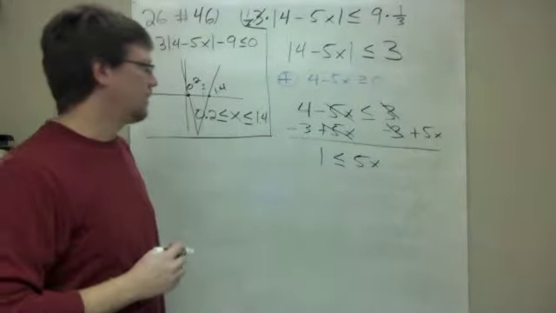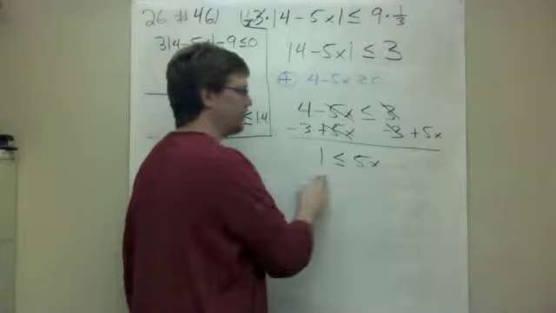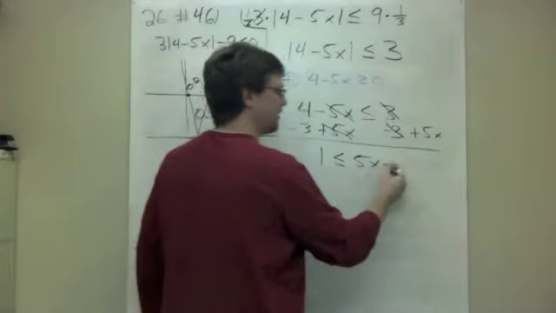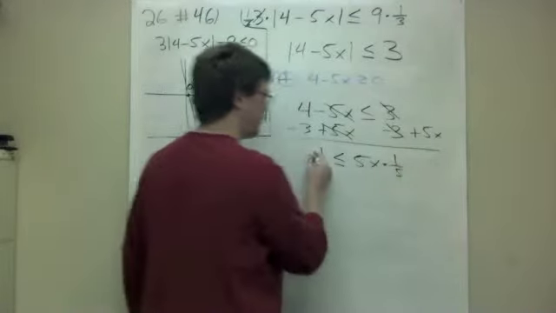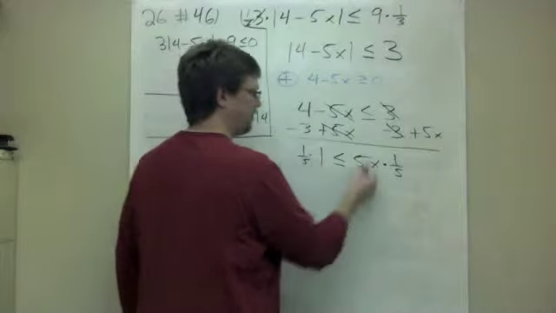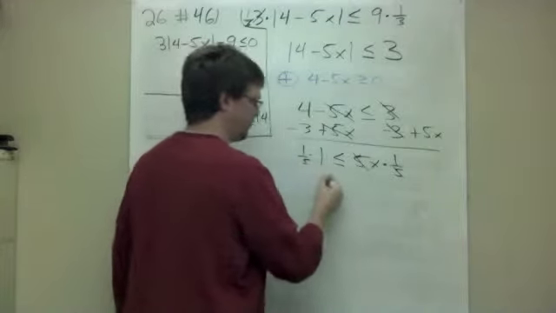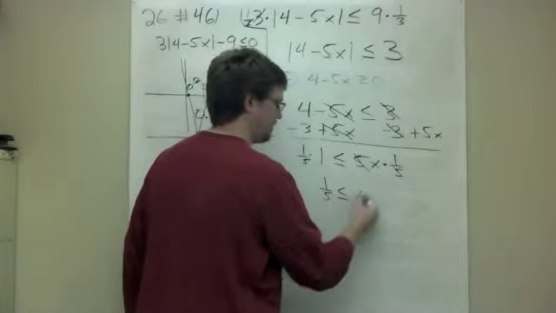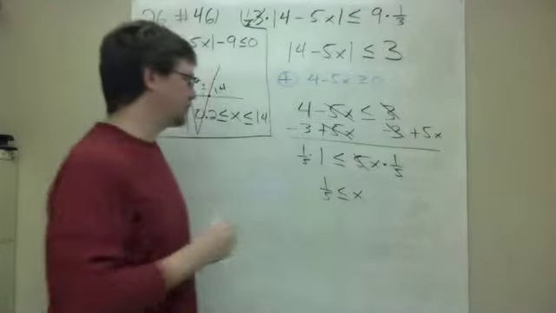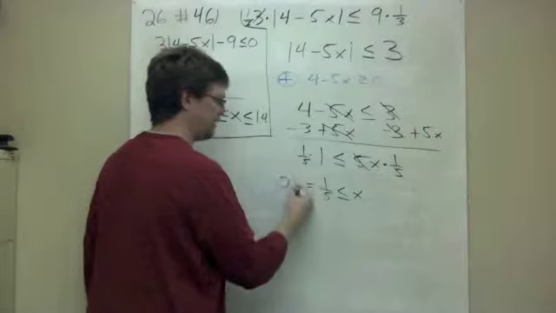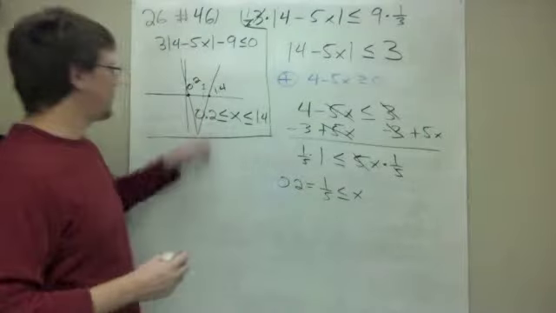Okay? And now I can go through and divide by 5, but it's a positive 5, right? So multiply by 1/5, multiply by 1/5. The 5 will cancel there. 1/5 times 1 is 1/5. So x is greater than or equal to 1/5, but 1/5 is exactly 0.2.